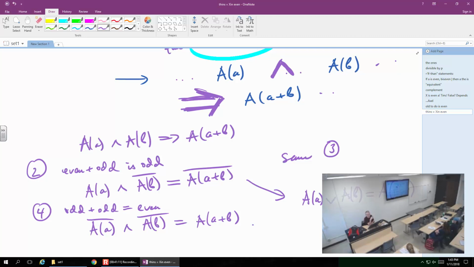You multiply. So it's AB. AB is even then, right? If at least one of the two numbers is even, then the product is even. Okay, so that's a very compact way to put it.